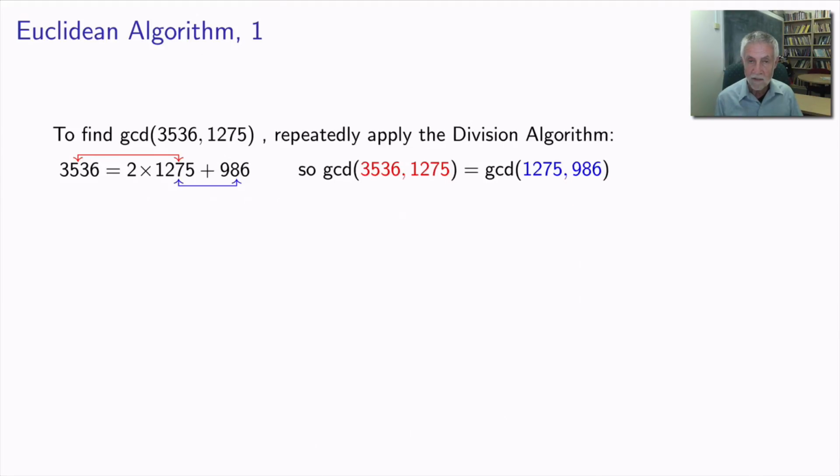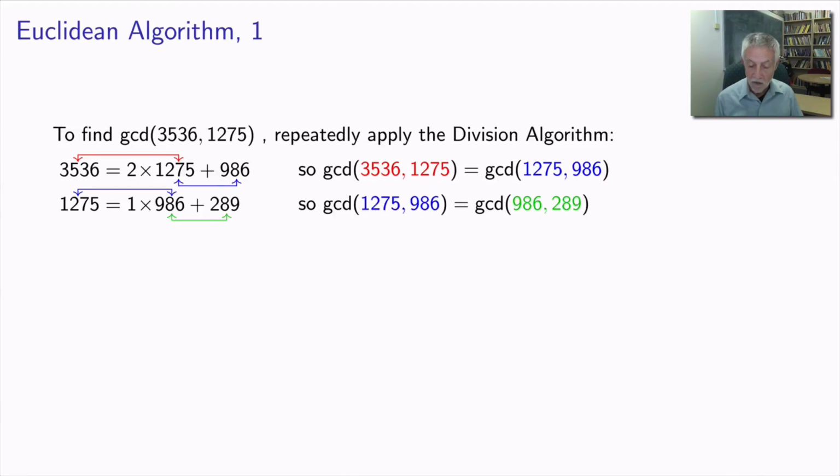We also know that the remainder is always less than the divisor. So that means that these two integers are less than those two. More precisely, this is less than that, and this is less than that, and that will always be true. So let's go to the next step to find this greatest common divisor.